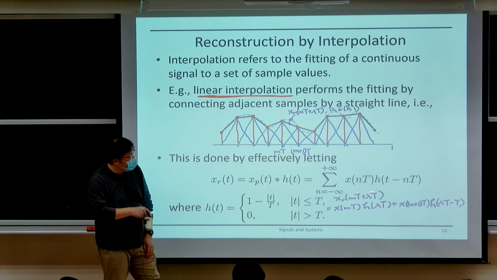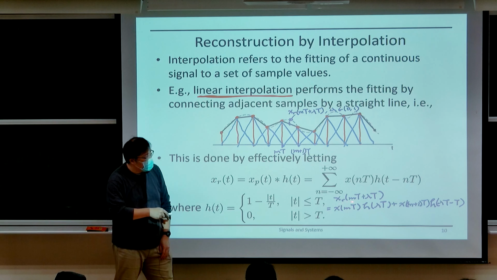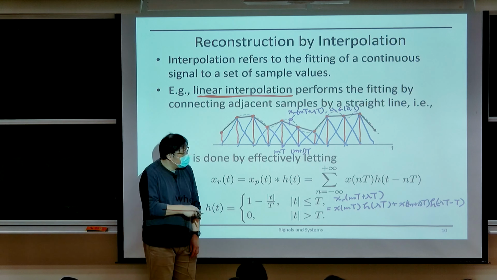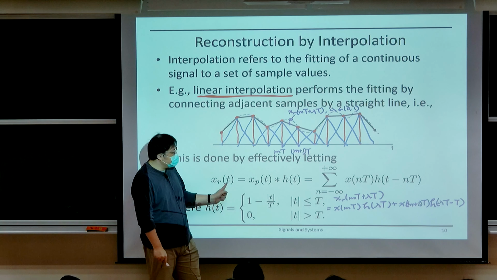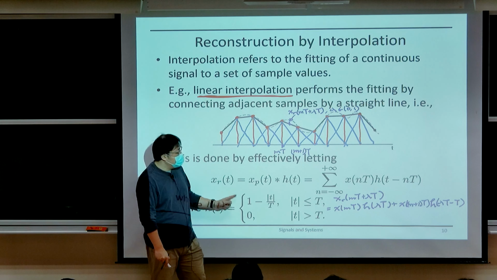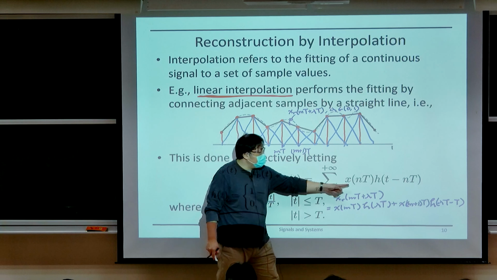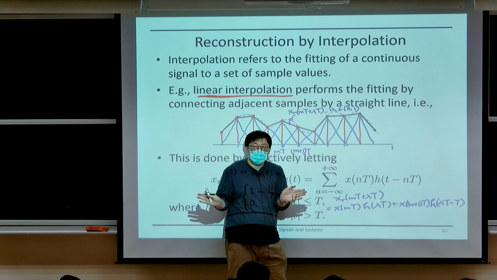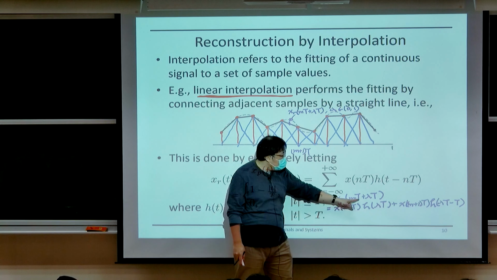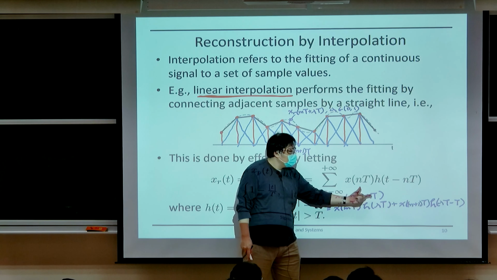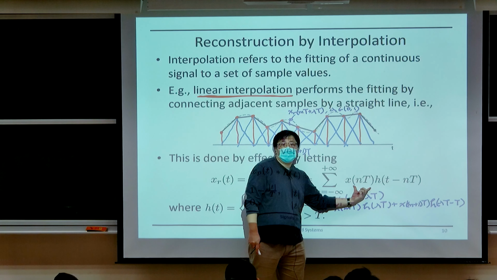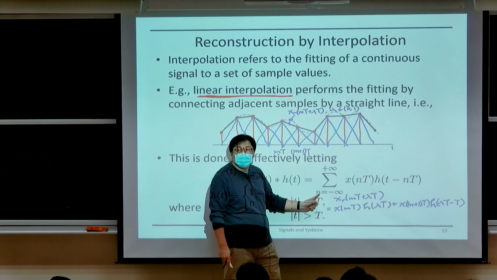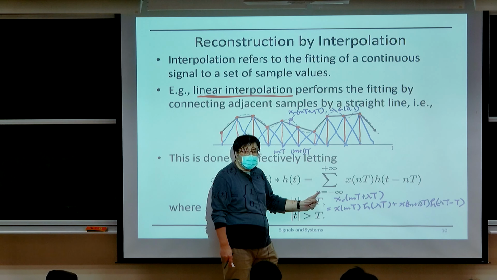So when I'm looking at this point, mT plus lambda T, I substitute this inside. Then every h only extends to capital T on the side. So at the point mT plus lambda T, only two terms will be non-zero: the term where n is equal to m and the term where n is equal to m plus 1.